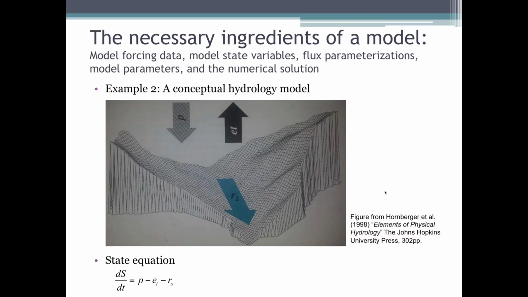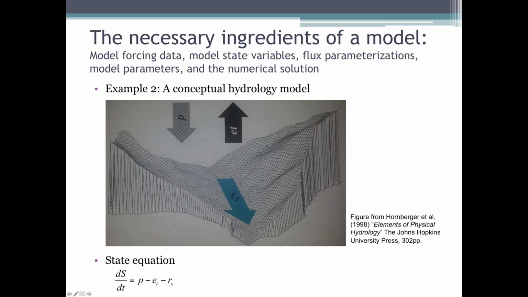Okay, so this also doesn't account for pre-existing saturation of the land surface. No, it doesn't. All right, so here's one that might. So here is a conceptual hydrology model. So here is, again, a simple model. This is a figure from Hornberger et al., Elements of Physical Hydrology.